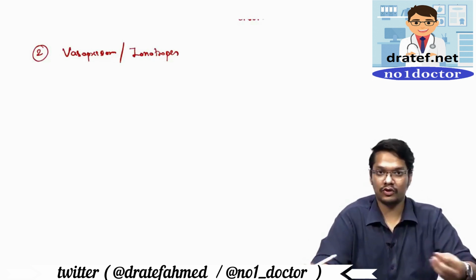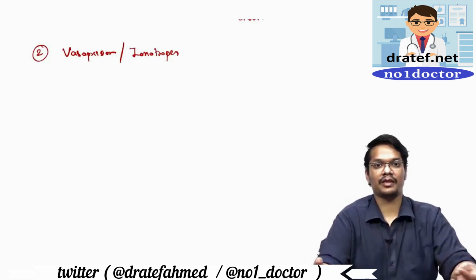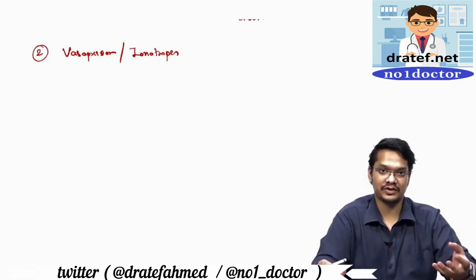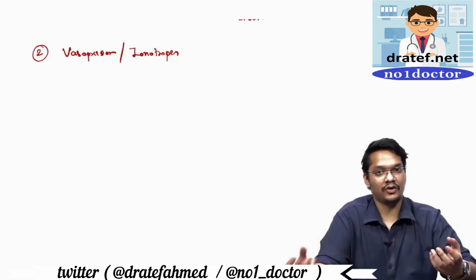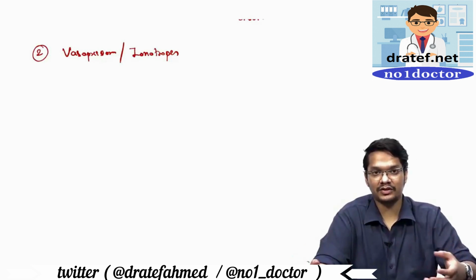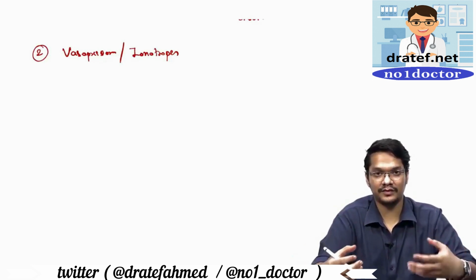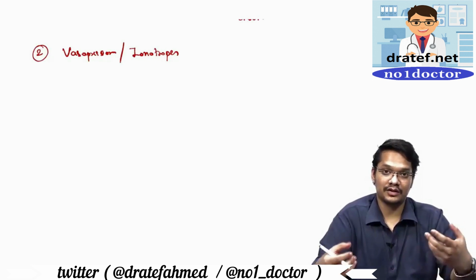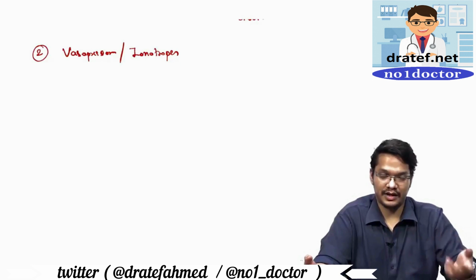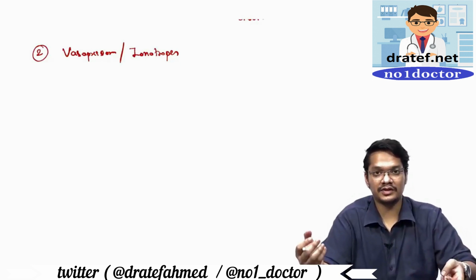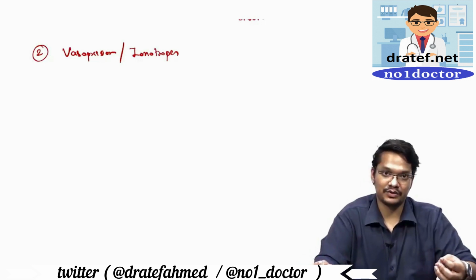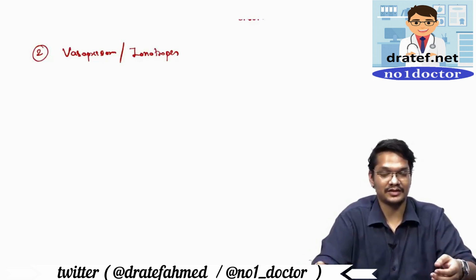Both will cause vasoconstriction, vasopressors as well as inotropes, but the predominant action defines whether the drug is a vasopressor or an inotrope. If the action is more on the vessels, causing more contraction as compared to its effect on the heart, then it's a vasopressor. But if it's increasing contractility more as compared to vasoconstriction, then it's an inotrope.